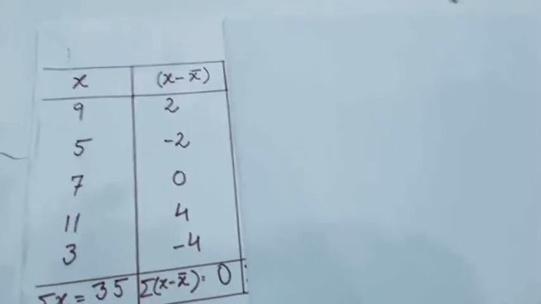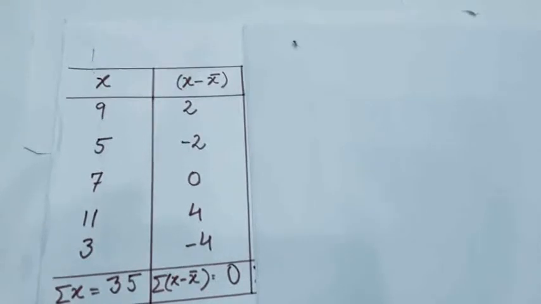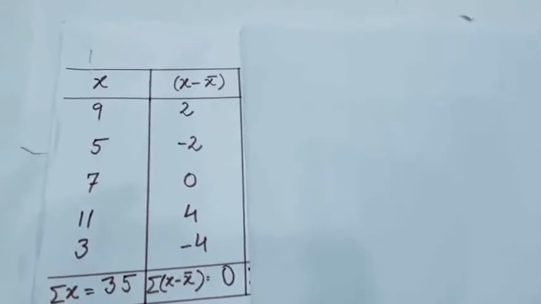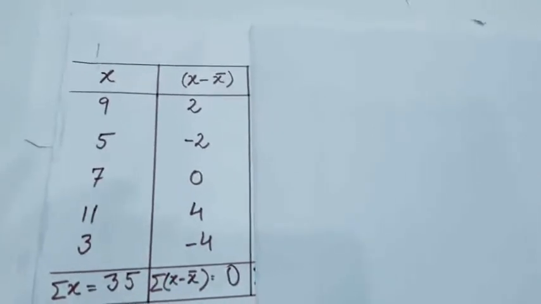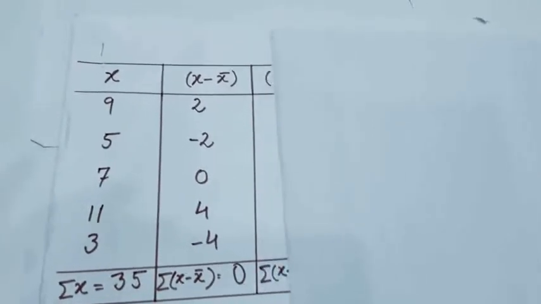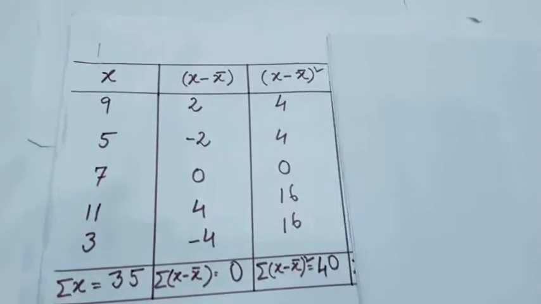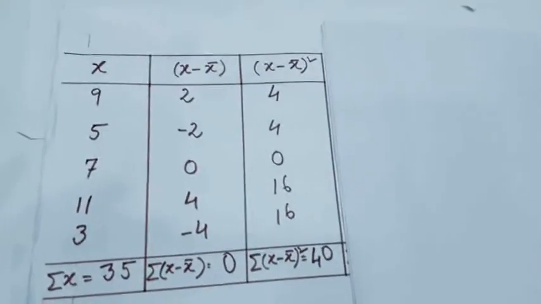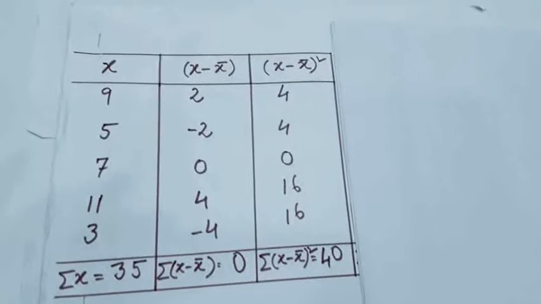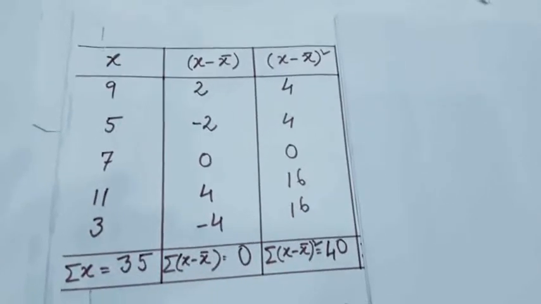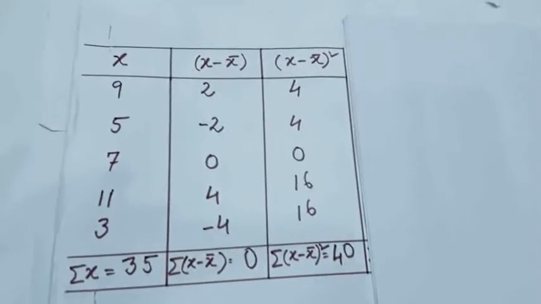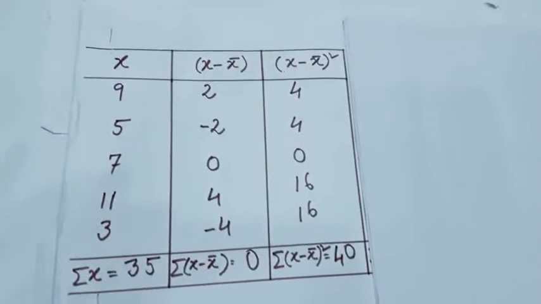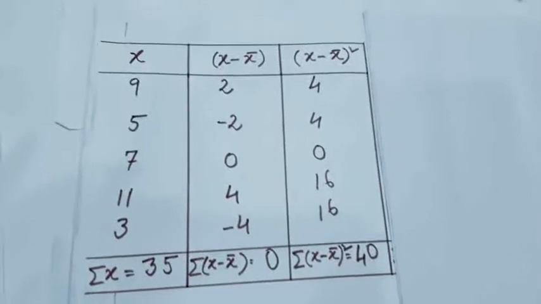Okay. To get the value of standard deviation, we have to get the (x minus x bar) whole square. It means we have to square this column. If we square it, we will get this. 2 square 4, minus 2 square 4, 0 square 0, 4 square 16 and minus 4 square is 16. Sum of (x minus x bar) whole square equals 40.